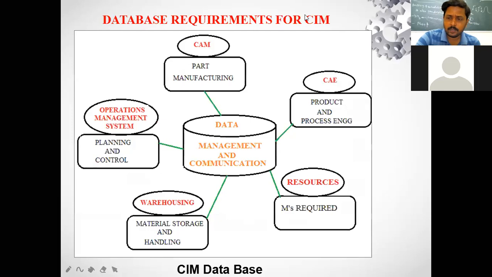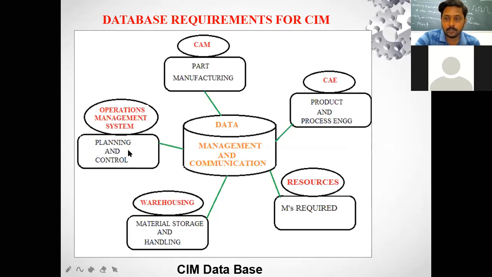This is just a diagrammatical representation of management and communication of database management. Part manufacturing will be connected to this, product and process engineering will be connected to this. 4M, man, machine, material, and money will be shown here as resources. Material storage and handling, which comes under warehousing, is also connected.